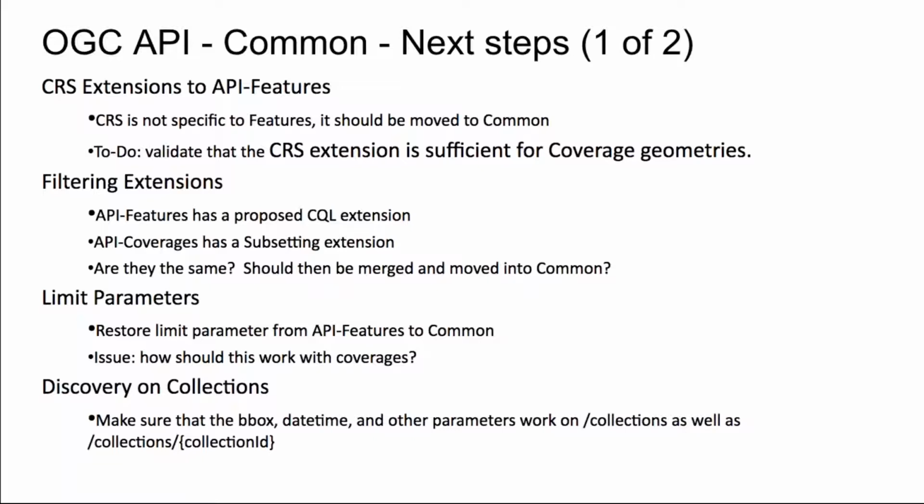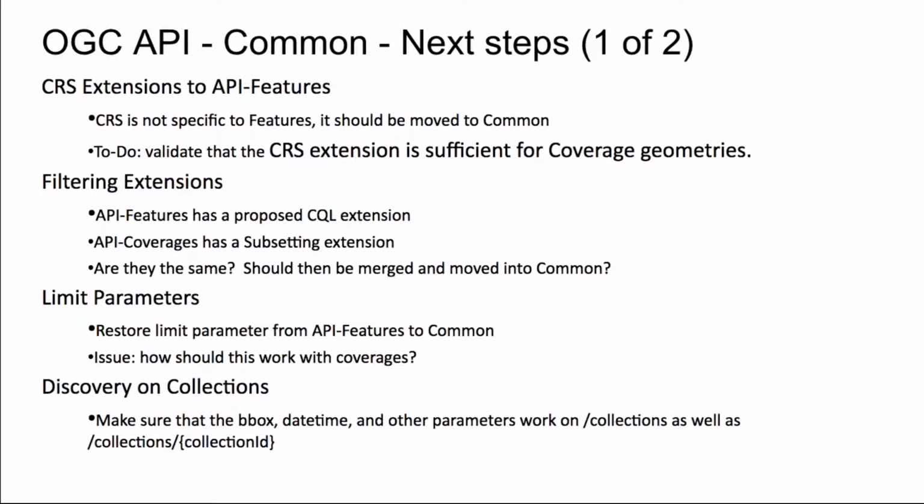It does raise a question: if I set a limit on a feature collection, I limit the number of features that come back. If I set a limit on a coverage, I'm really more interested in limiting the volume of data, the number of bits to come back, rather than the number of coverages to come back.